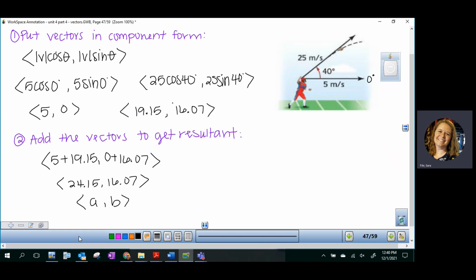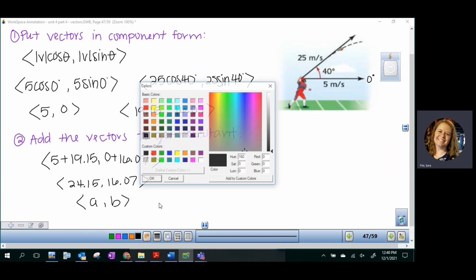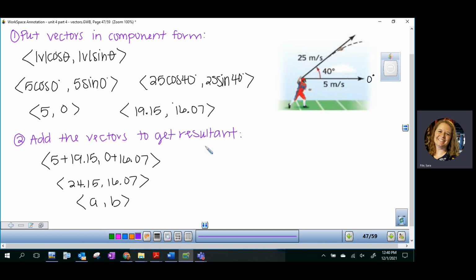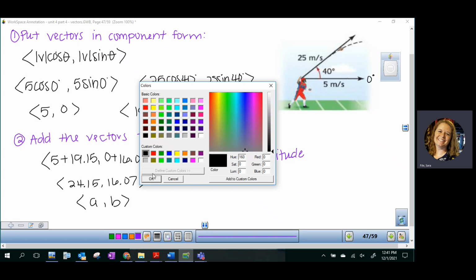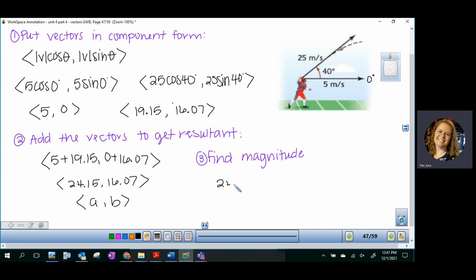Y'all agree? Yeah. Okay, so now I'm going to find the magnitude. To find magnitude from component form, remember I square both components and add them together and take the square root.